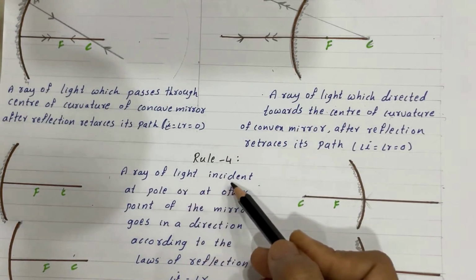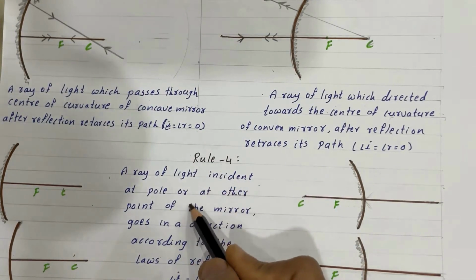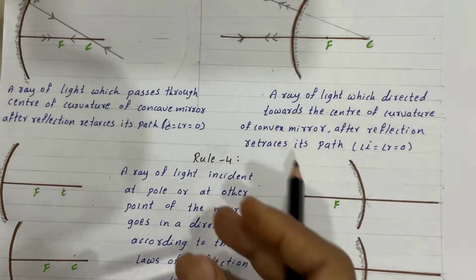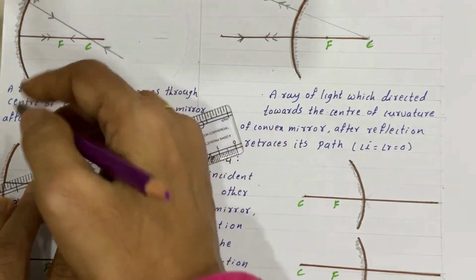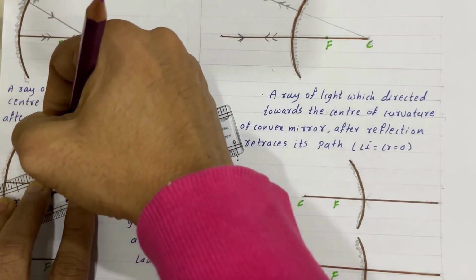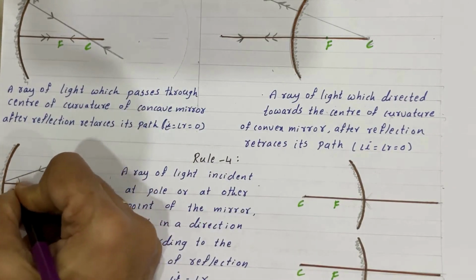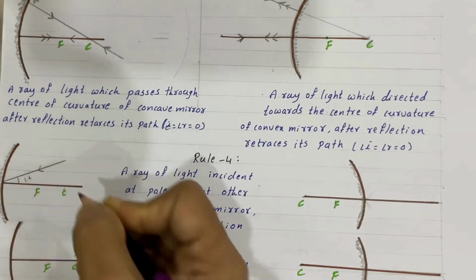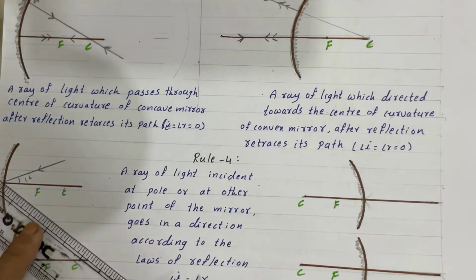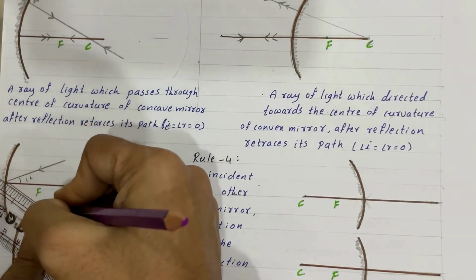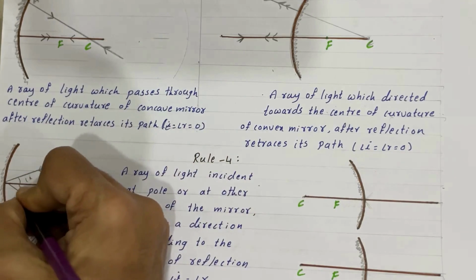A ray of light incident at the pole. Suppose this is a ray of light which is incident at the pole. So it is making a certain angle with the principal axis. So with the same angle, it reflects away from the principal axis.